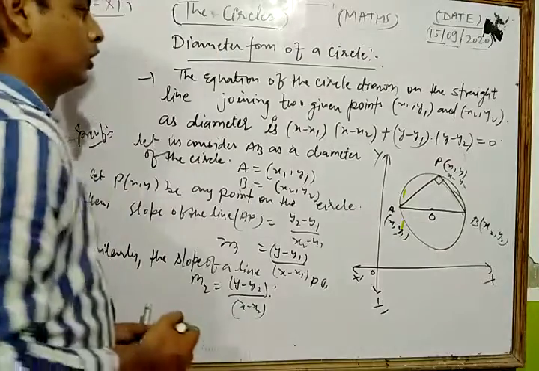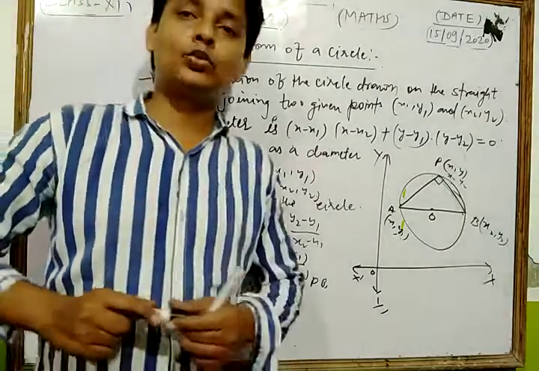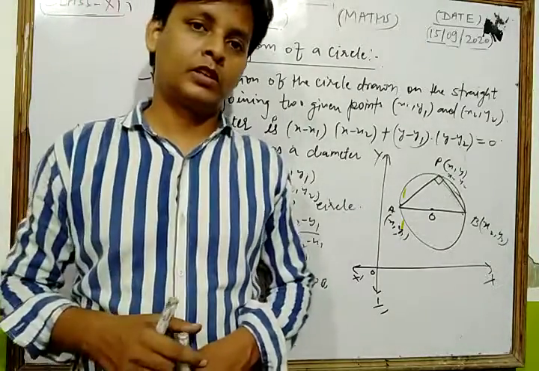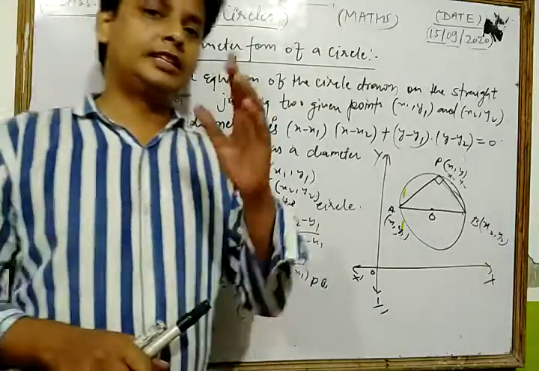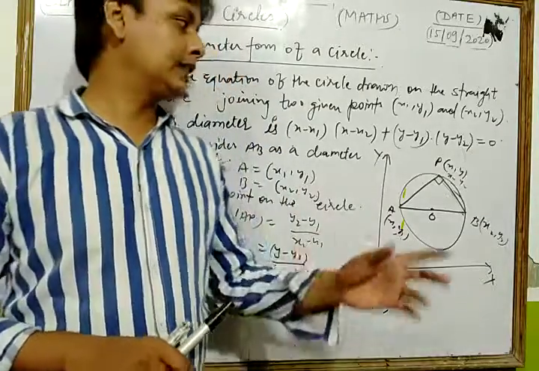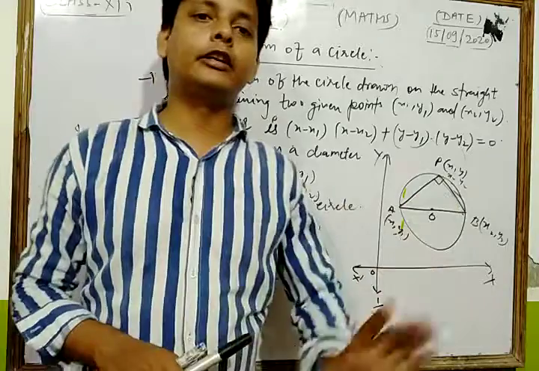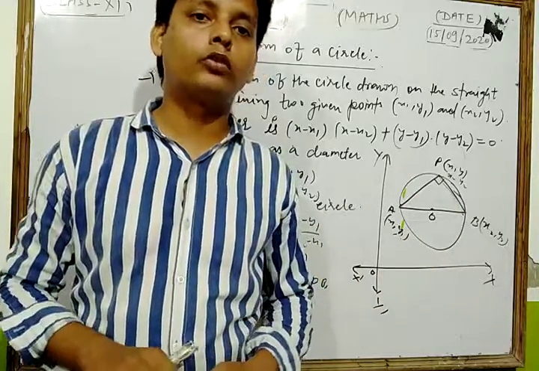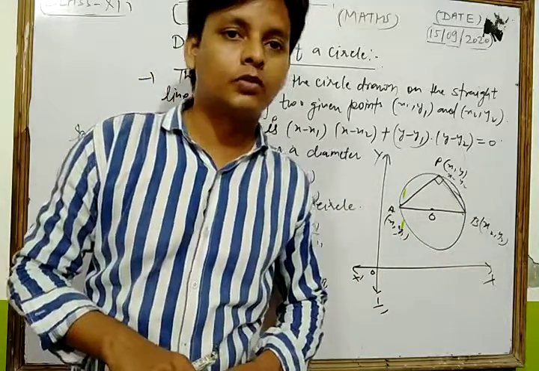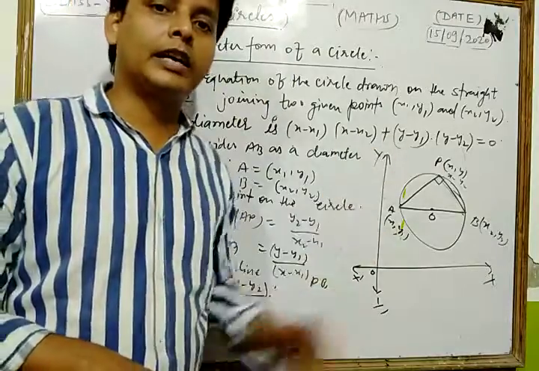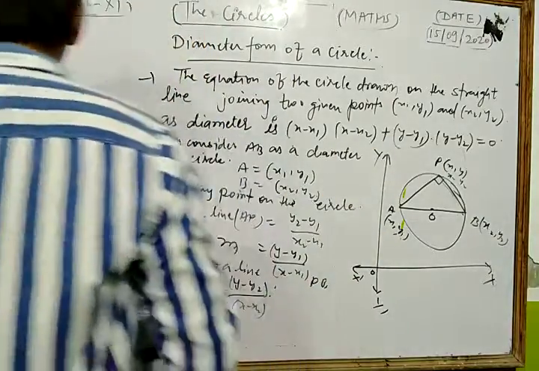Now look, dear students, in the previous class in the chapter straight line we already discussed that if two lines are perpendicular to each other, then the product of their slopes is always equal to minus 1. So here we apply that property.